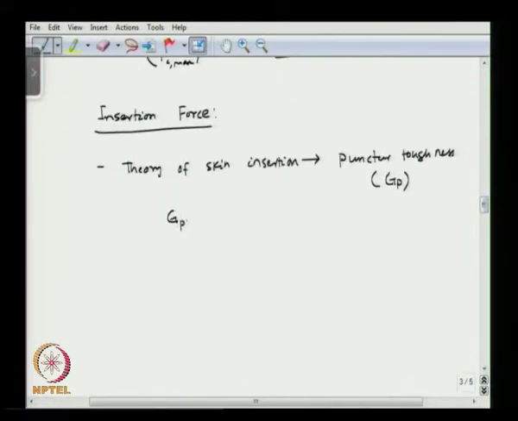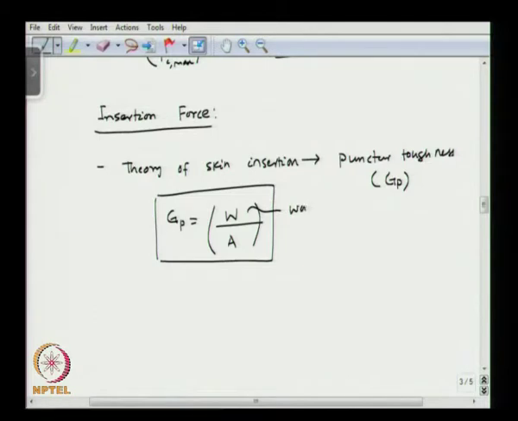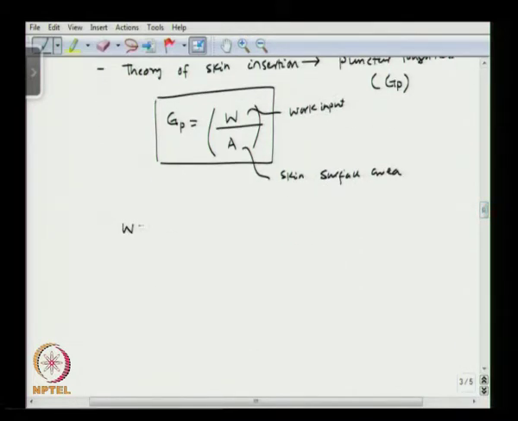So, the puncture toughness can be expressed as the work input, the amount of work that we do, divided by the surface area of the skin. So, this is the work input and this is the skin surface area. The total amount of work that we do will vary between x equal to 0, let us say x equal to 0 is the top surface of the skin, and it goes to some xi into the skin, and Fi is the force into dx.